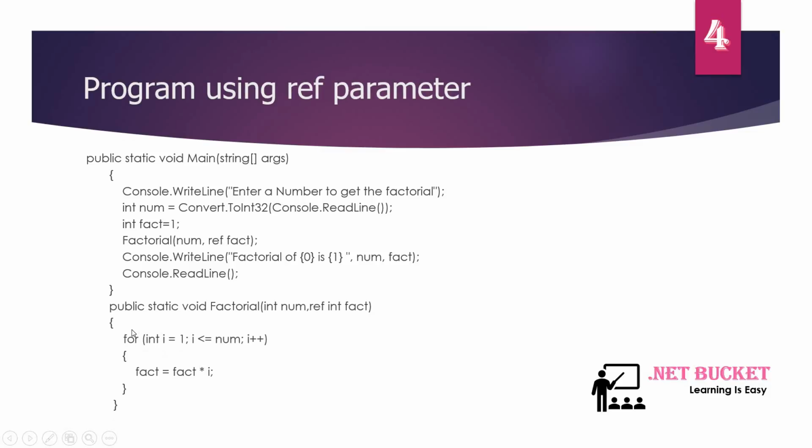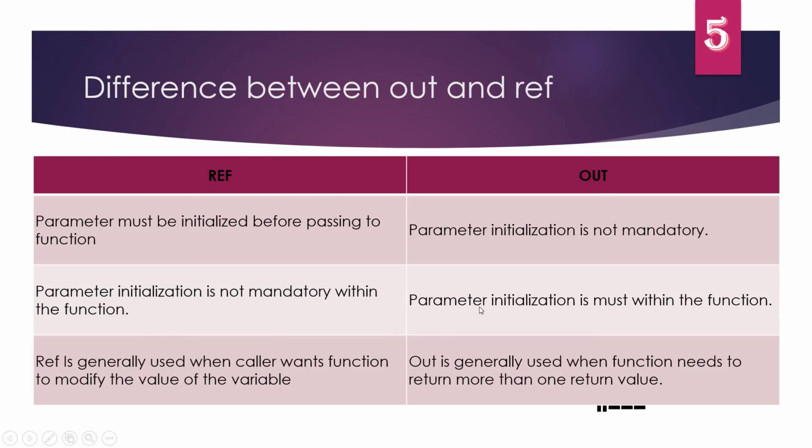So second, in out, parameter initialization is a must within the function. Generally we use ref if we want to modify a particular value, and if we want to return more than one value, it's better to use out. So these are the differences between ref and out.